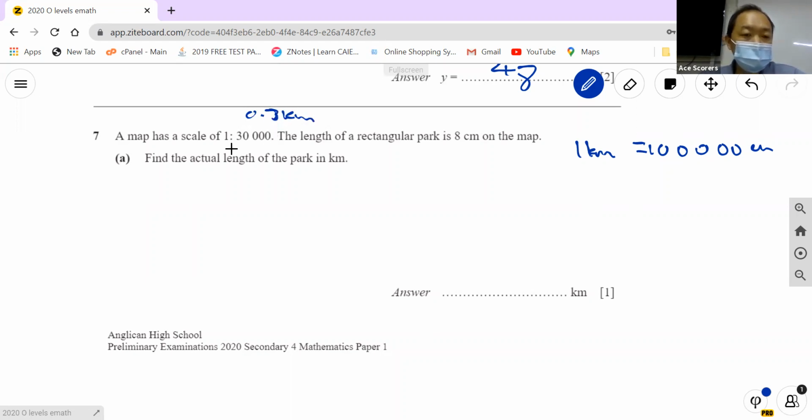So if it is 1 is to 0.3 km, and this is 8, to find this, we just take this divided by this times this, which in this case is 8 times 0.3. So 8 times 0.3 will become 2.4 kilometer. Right, so this is 2.4.